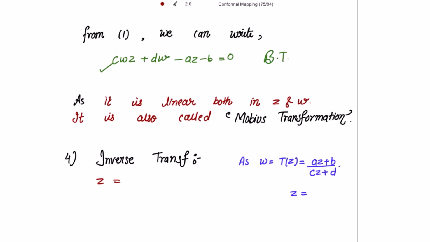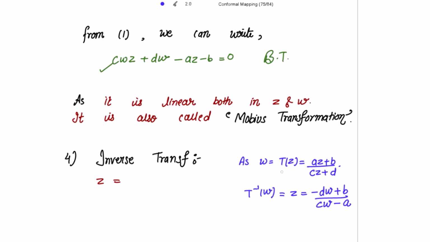Next is the inverse transformation, just writing z in terms of w. What is w? w is T(z), equal to (az + b)/(cz + d). So writing z in terms of w, we can write this as (−dw + b)/(cw − a), and that is also equal to T inverse of w.